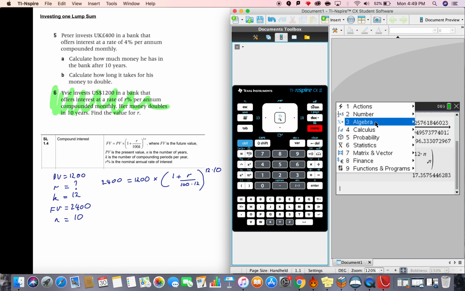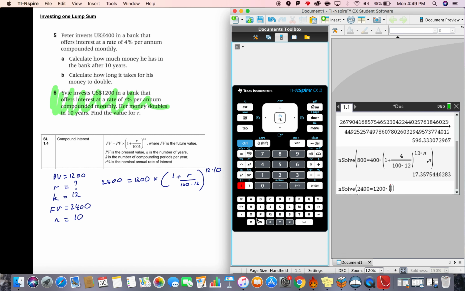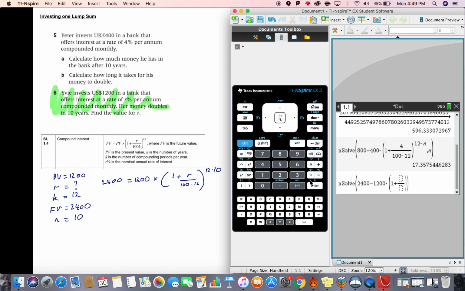Menu, algebra, numerical solve. Let's type in this equation: 2400 is equal to 1200 times, in brackets, 1 plus the fraction button, and this is R. I'm going to keep the variable R, but you can change it to anything you like.